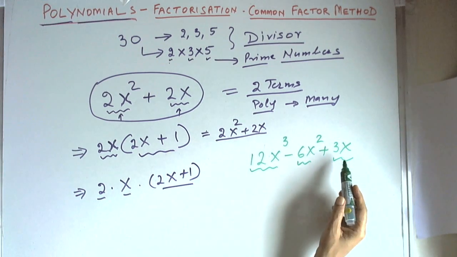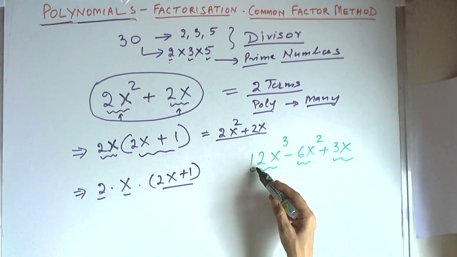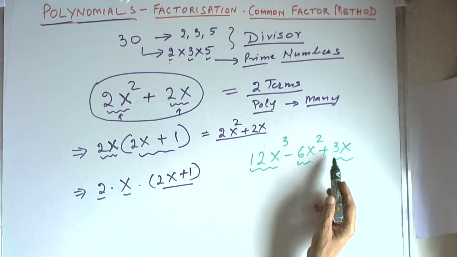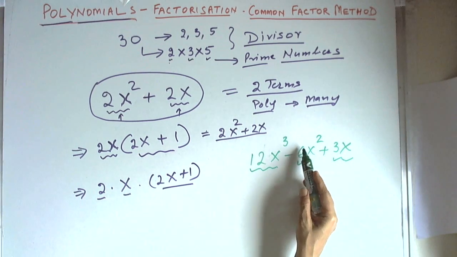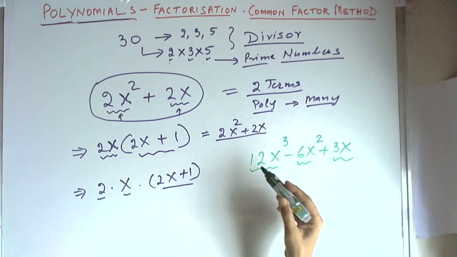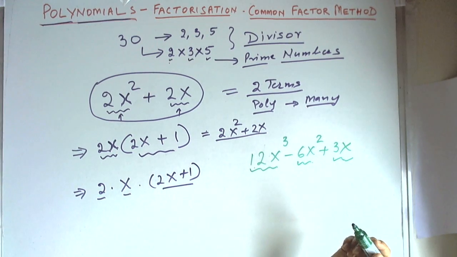We start with the lowest term, like 3x. Is 3x a common factor? We look at it, yes. This can also be divided by 3x because x square is divisible by x and 6 is divisible by 3. Similarly 12 can be divided by 3, and x cube definitely can be divided by x.